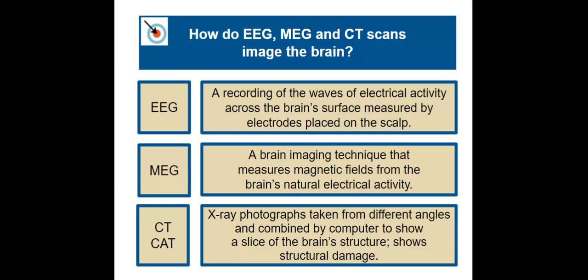Oftentimes, it looks like a deranged swim cap that has all sorts of nodes or probes attached to the cap itself. EEGs are effective at pinpointing symptoms of depression and anxiety. We've been able to deduce that the right frontal lobe is associated with behavioral withdrawal and negative emotion, i.e. depression and anxiety. It allows psychologists and neurologists to look at the areas of the brain impacted by those conditions.